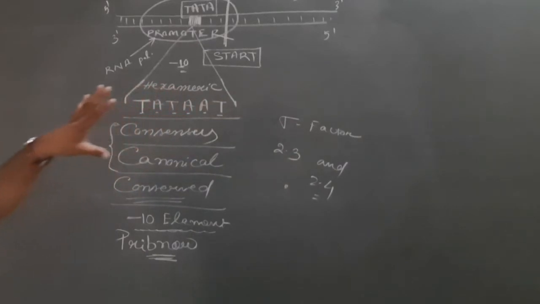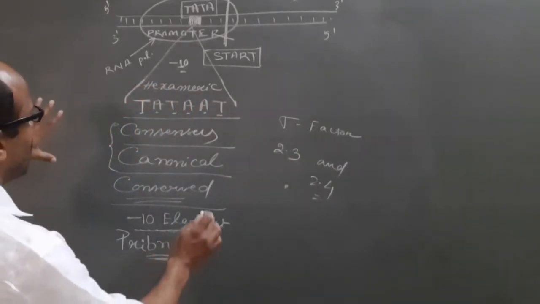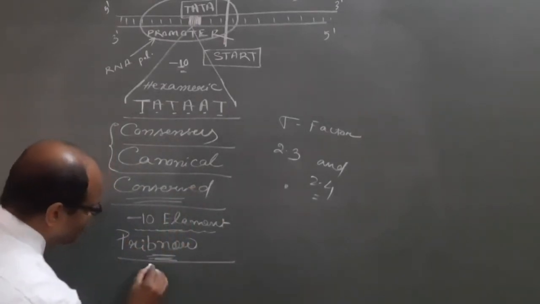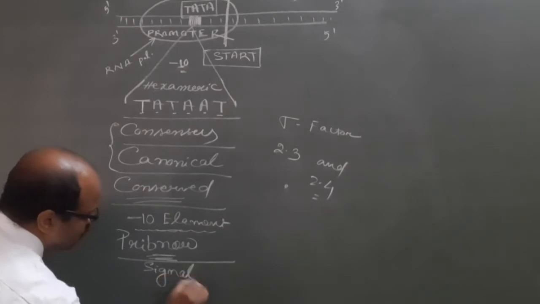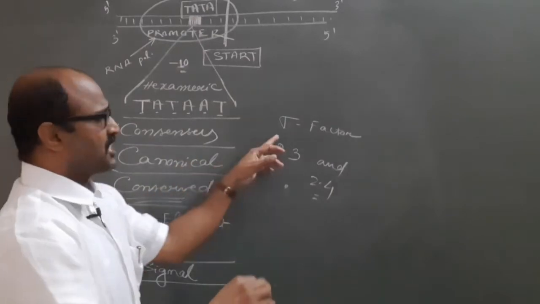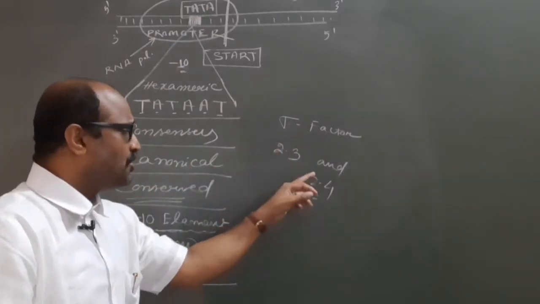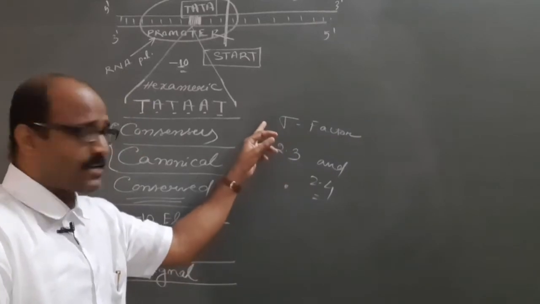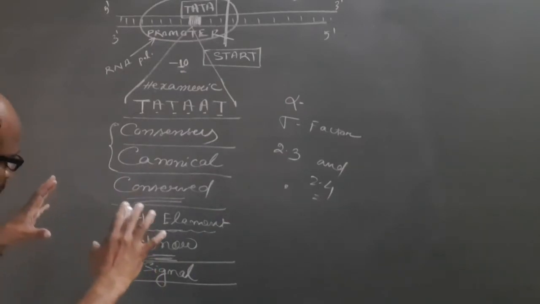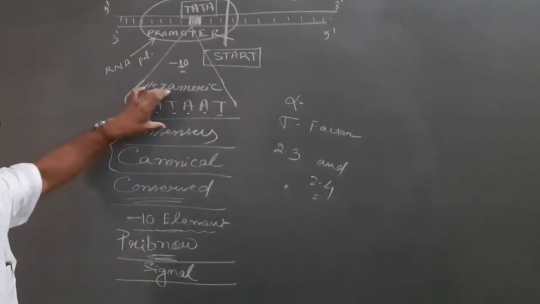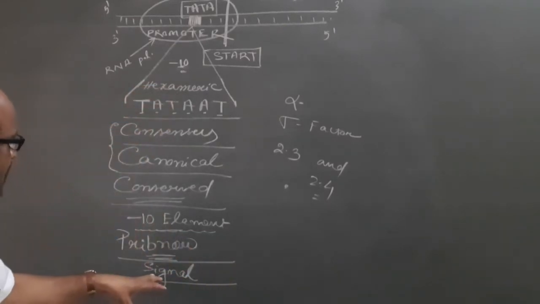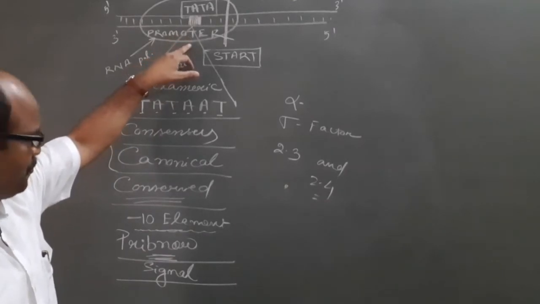Such a region contains the signal to the RNA polymerase, and the sigma factor region 2.3 or 2.4, or somehow the alpha subunit also, recognizes this Tata box, receiving the signal from the promoter region.